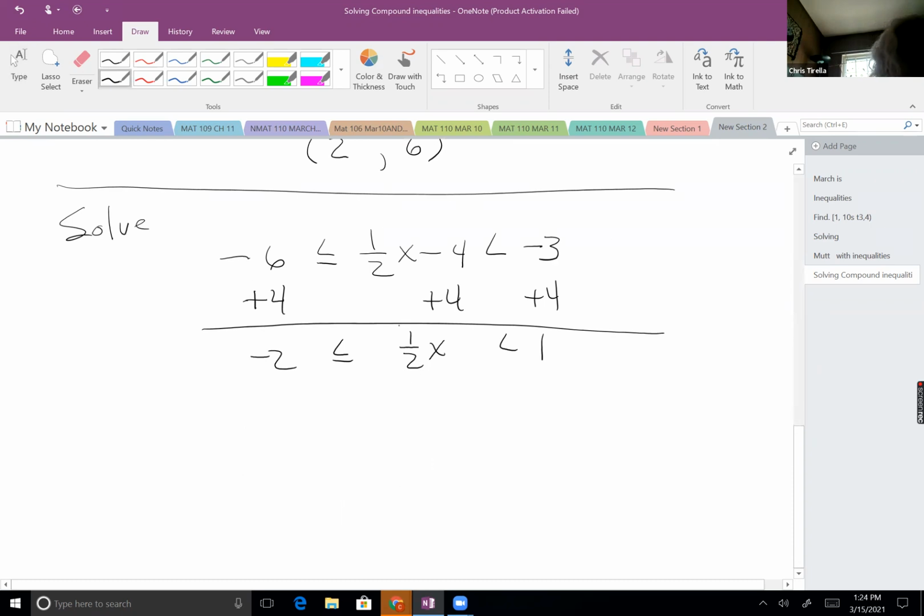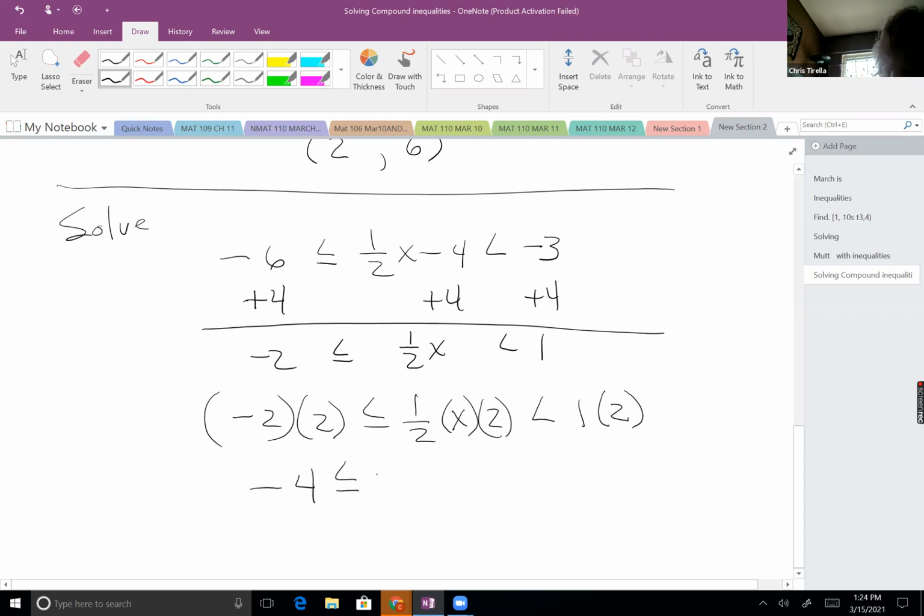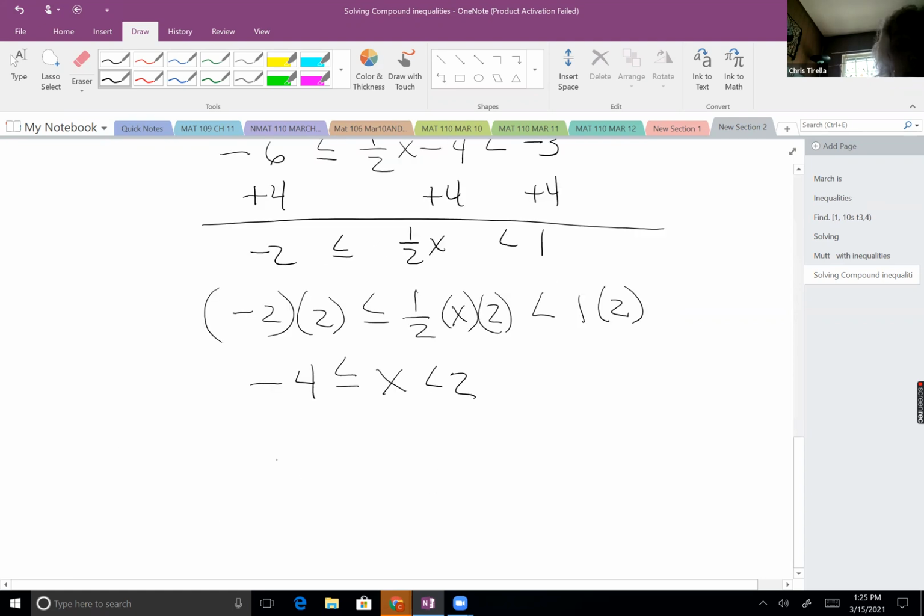With this one, because we have that coefficient of a half, we could think of dividing each by a half. Or again, remember, sometimes with fractional coefficients, it's easier to think of multiplying by the reciprocal. The reciprocal of a half is 2. Because it's a positive 2, all of our inequalities will remain in the same direction. So we get -4 is less than or equal to x is less than 2. We're including -4, it's the lowest value, and we're not including 2, it's the greatest value.